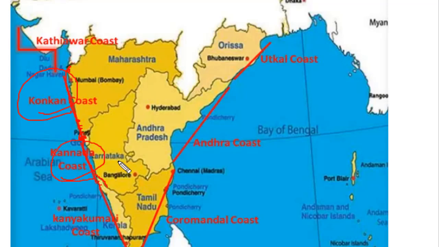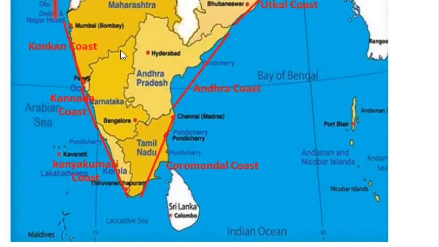And at last we have the Malabar coast. Malabar coast moves from Mangalore to Kanyakumari. Kanyakumari is the lowest part of the country, not the lowest part of the country, but on the continent you can say it is the lowest part. As we have seen, the lowest part is Indira Point, which is there in Andaman and Nicobar.